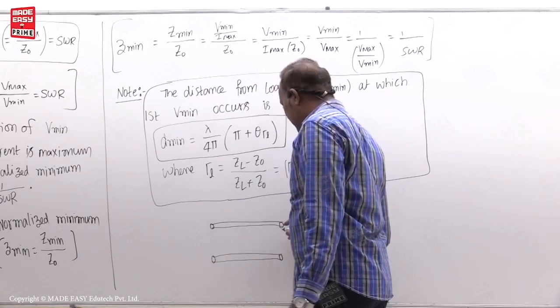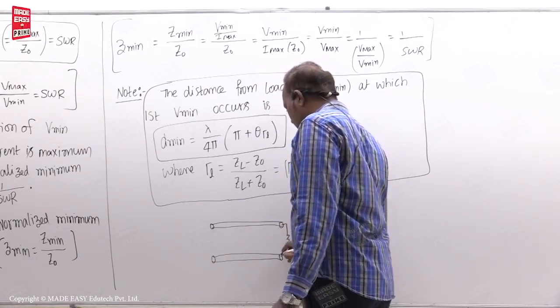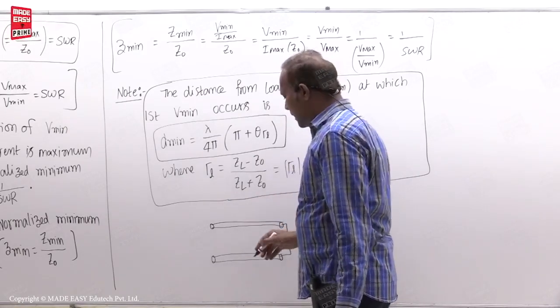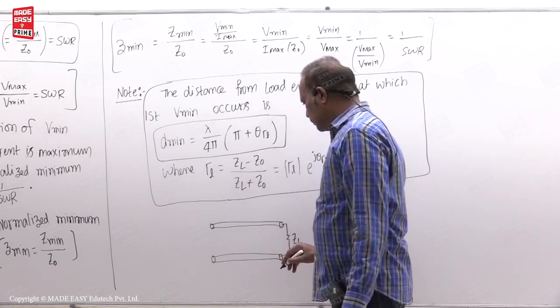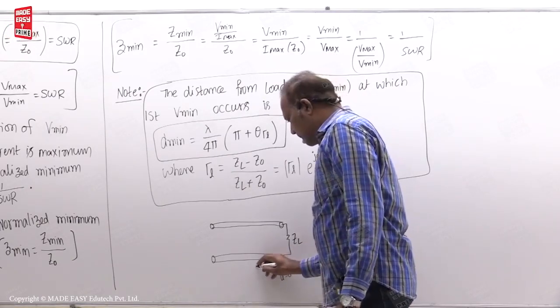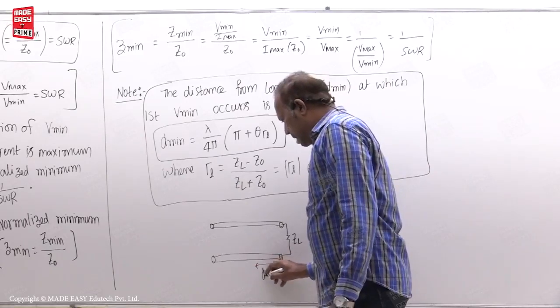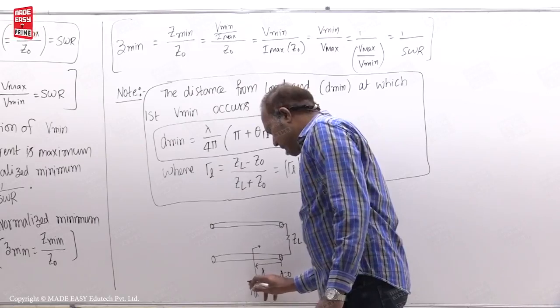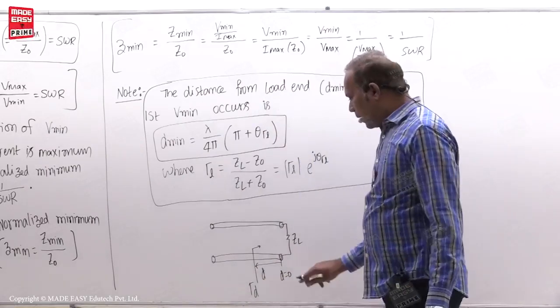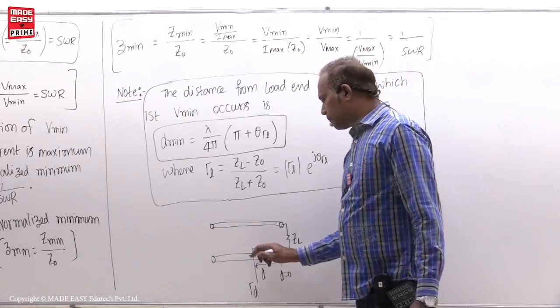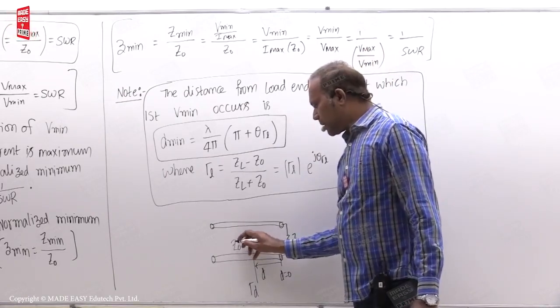One transmission line is there. The impedance is ZL. Total length of the transmission line is L. Now this is D equal to 0. At a distance D from the load end, the reflection coefficient is gamma D. And Z0 is the characteristic impedance of the transmission line.